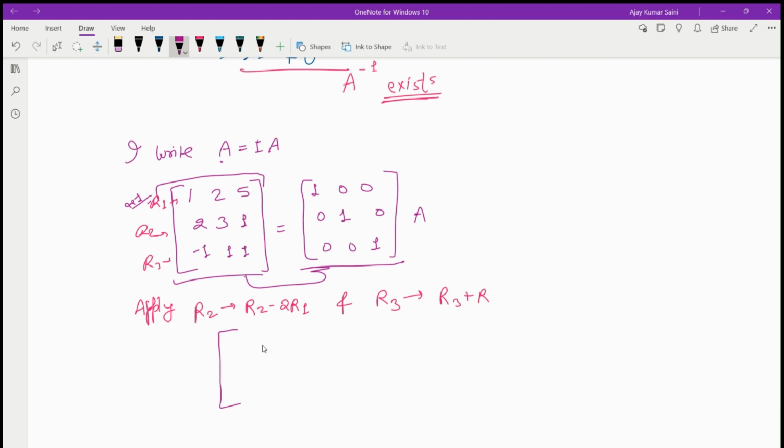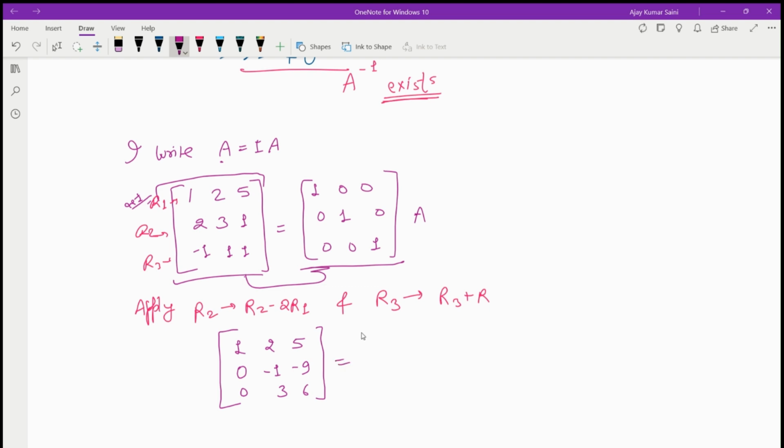After this, 1 2 5 is the same. We first multiply this by 2 and subtract it from this, so it is 0, and it is minus 1, and it is minus 9. After that, add these two, it is 0 3 and 6.